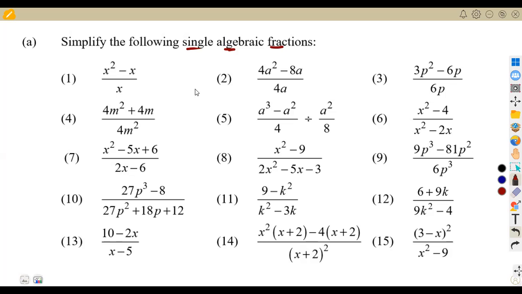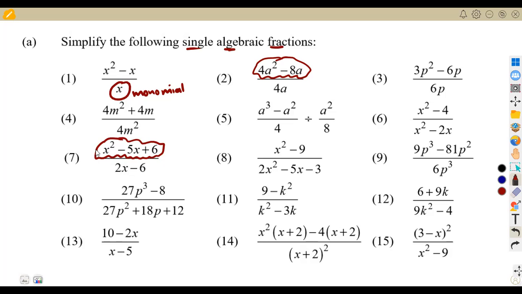Remember, we talked about terms, where we can have a monomial, whereby we are given a single term like what we have in this case. In the denominator, we have a monomial, which is a single term. Here on the numerator, we've got different terms. We've got a binomial. We also have a condition where we've got a trinomial. So it can be different terms.